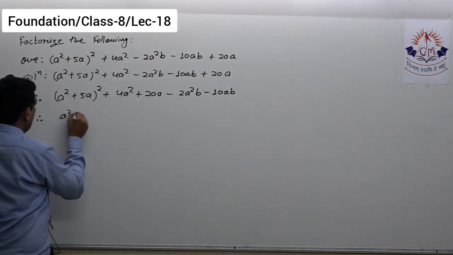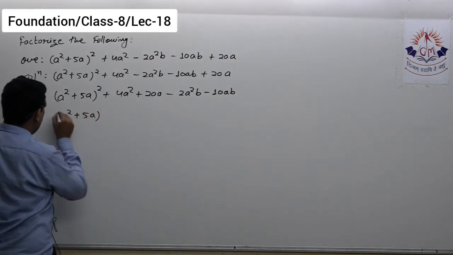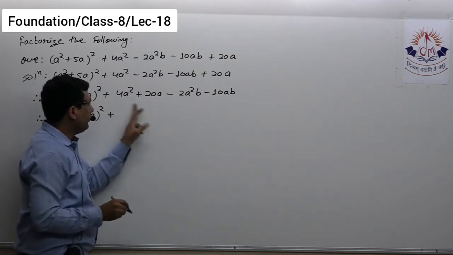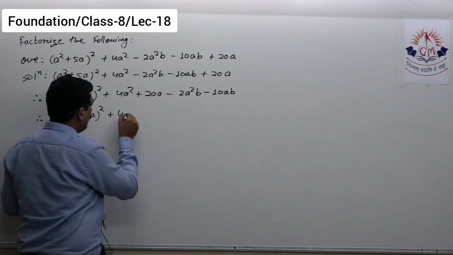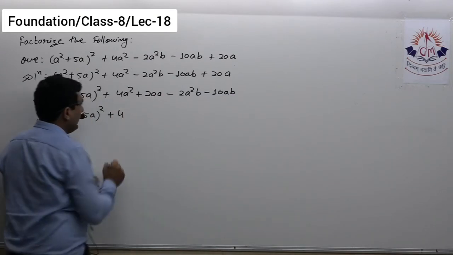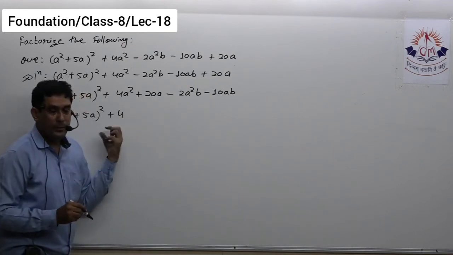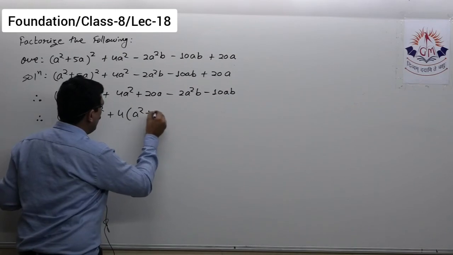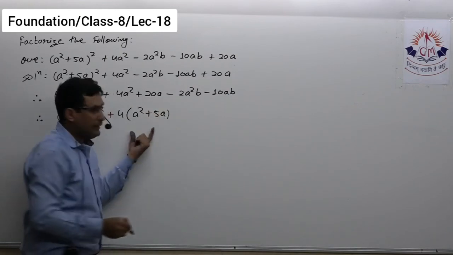Okay, so here a square plus 5a, that I write as it is. From these two, what can I take common? 4a. Definitely I can take 4a common, but if I take only 4 common, here I will get a square plus 5a, and that was my target.